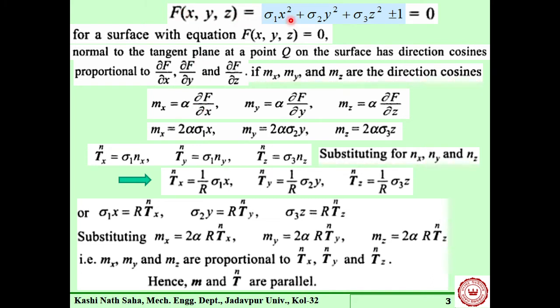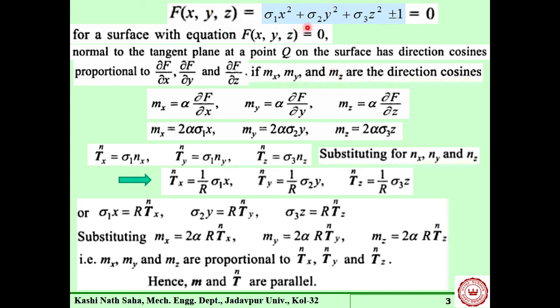This is 2x into sigma 1, and all these other terms will not contribute anything, they are 0. So mx is alpha into del f del x, which is twice sigma 1 x. This is clear. Mx is becoming twice alpha sigma 1 x. The same thing will happen for my and mz.